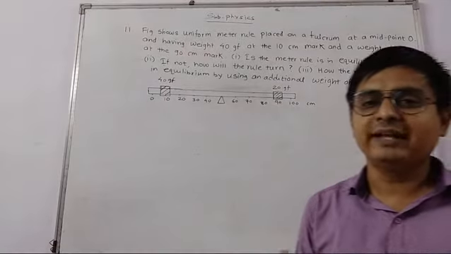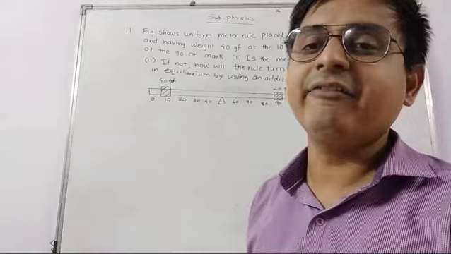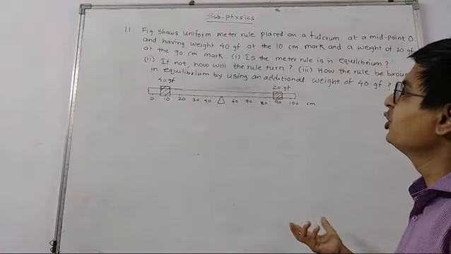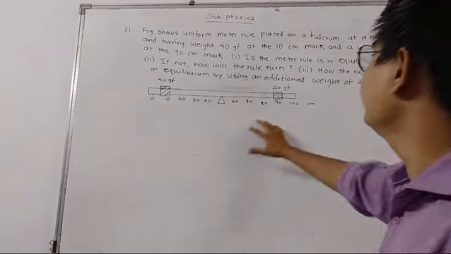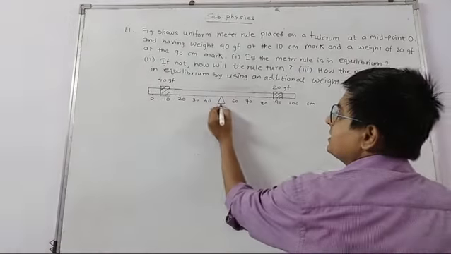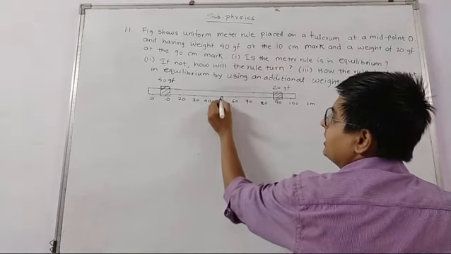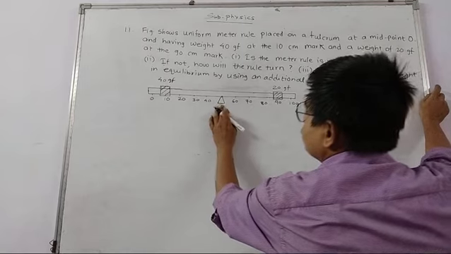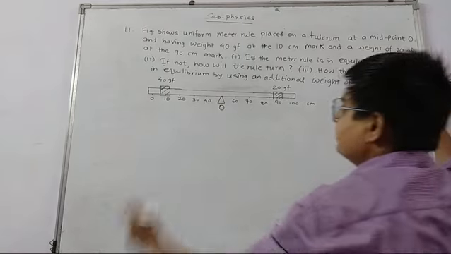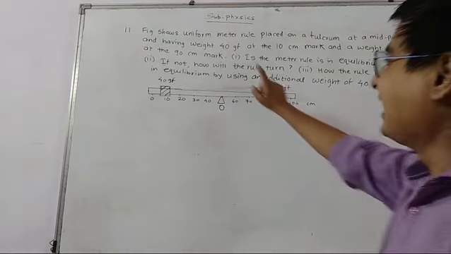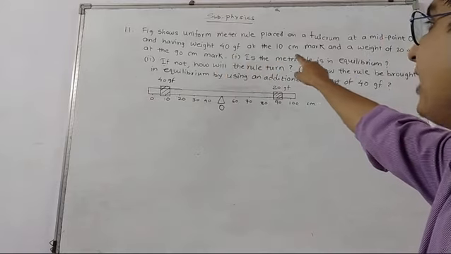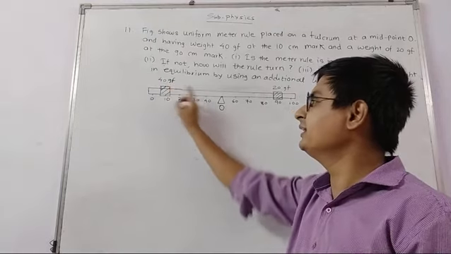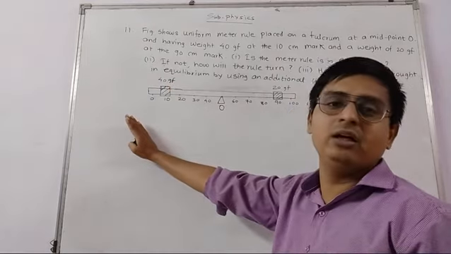Okay, now we move to the next problem, that is problem number 11. The problem given is, the figure shows a uniform meter rule placed on a fulcrum, that means this is a pivoted point, let us denote this point as P. Fulcrum at a midpoint O, and having weight 40 GF at 10 centimeter mark. There is one weight 40 GF in the left portion of the midpoint.